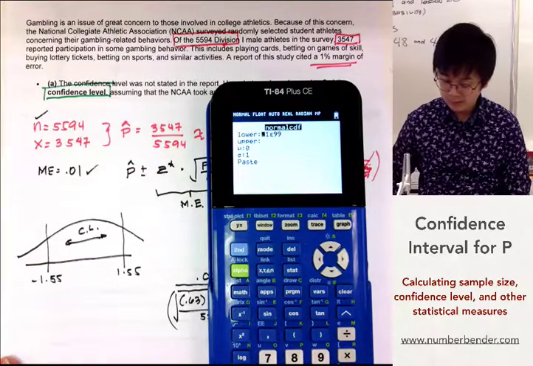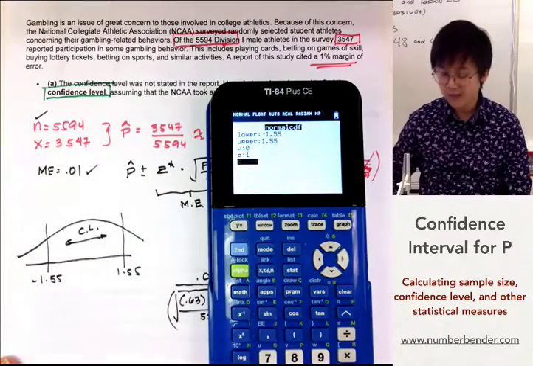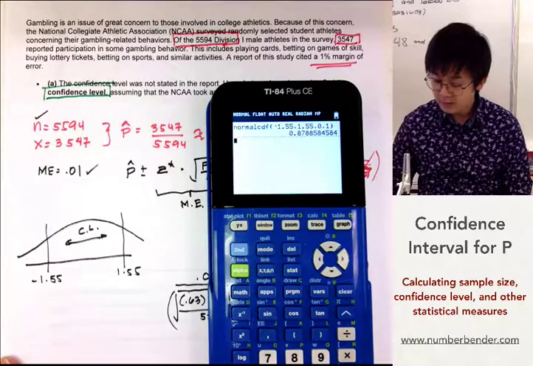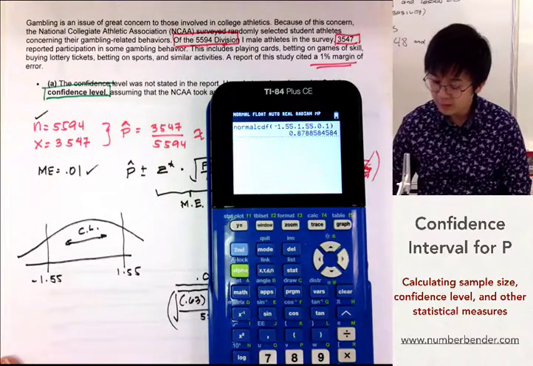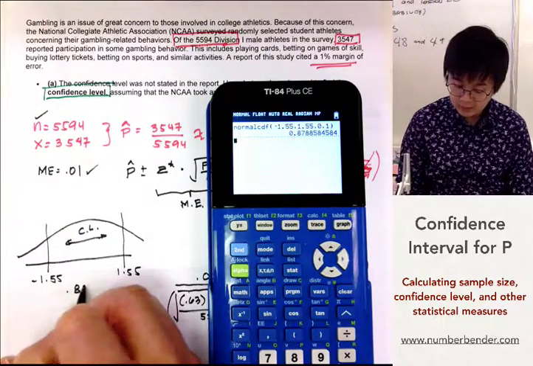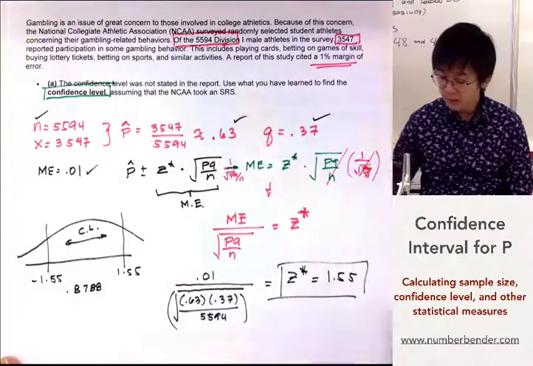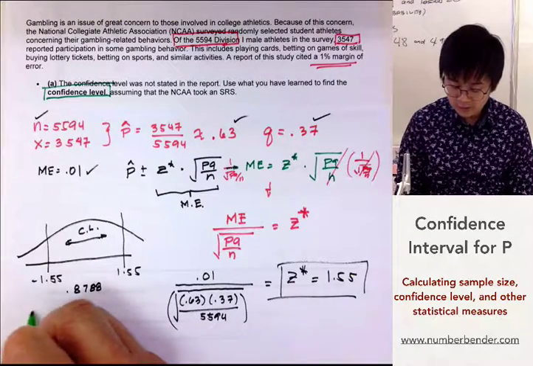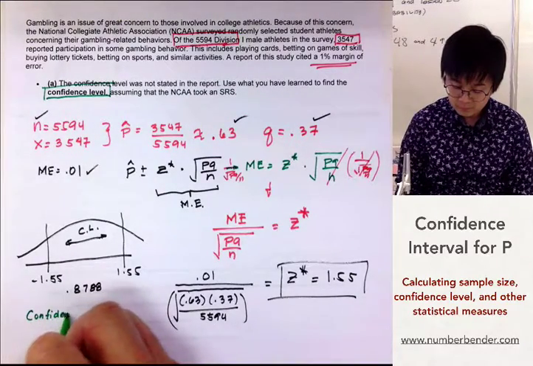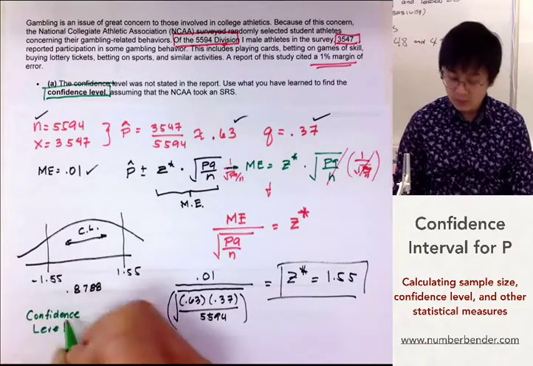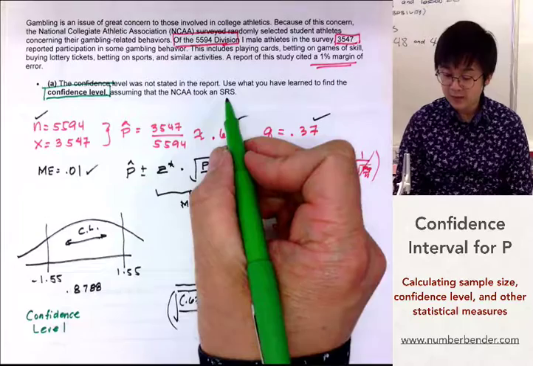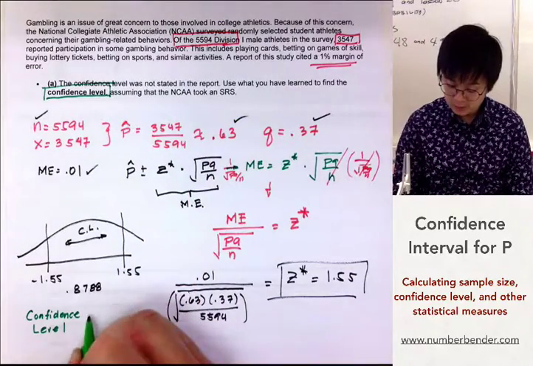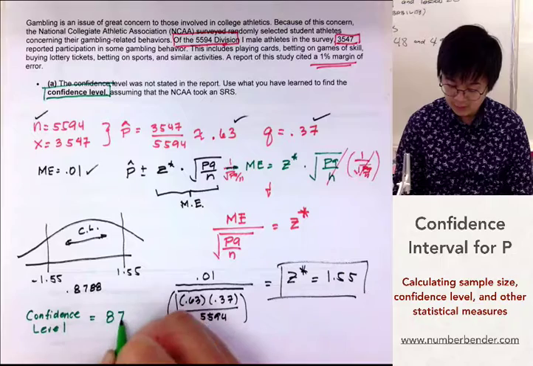So our lower limit is negative 1.55, upper limit of 1.55. 0 and 1 will be our default because we are already using a Z value. And the area that the calculator is giving us is 0.8788. Therefore, the confidence level that we're looking for, given an SRS and the margin of error, is equal to 87 or 88%.